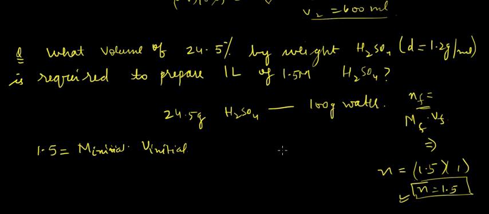you can say that this is the density of the solution, not the H2SO4. Okay, so when we talk about volume of solution, again, we have mass of solution. This is not 100 gram water, this is 100 gram solution.